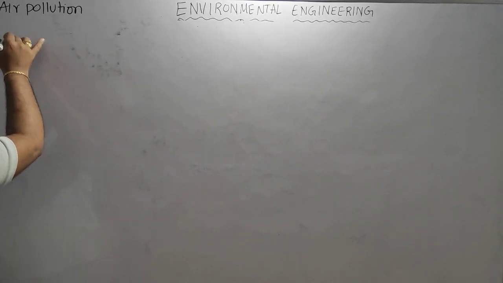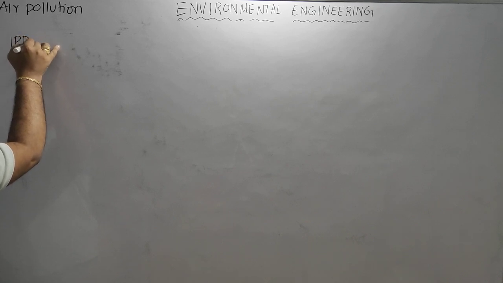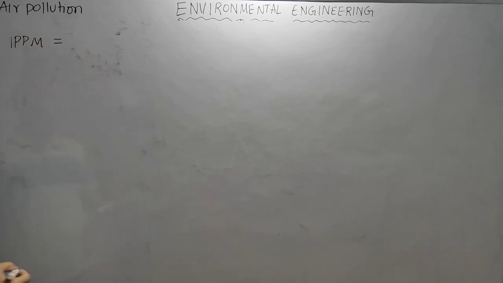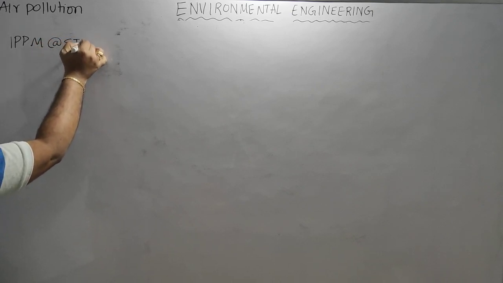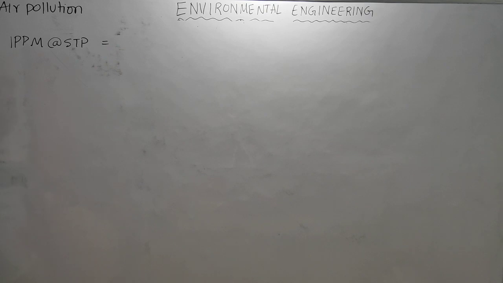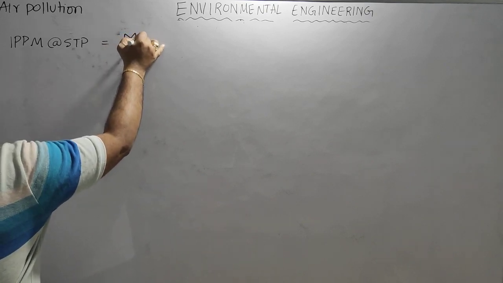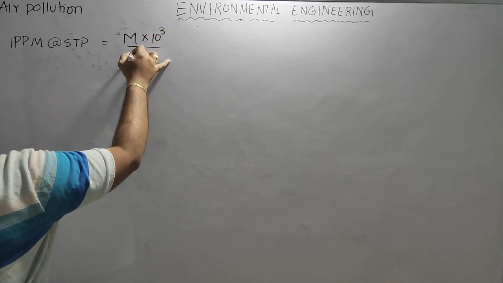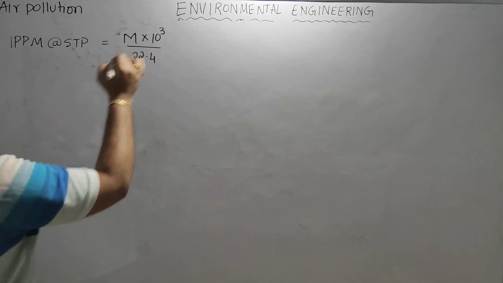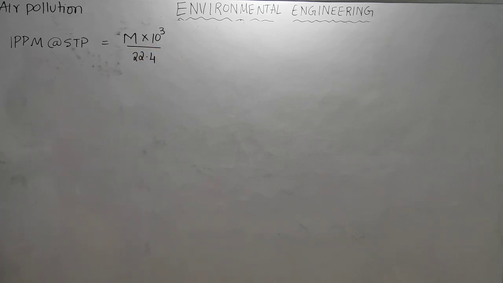1 parts per million at standard temperature and pressure is equal to m into 10 to the power of 3 by 22.4 microgram per meter cube.